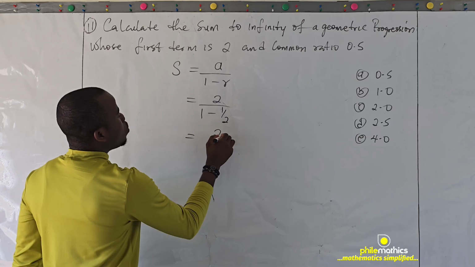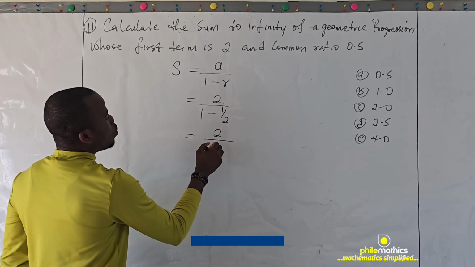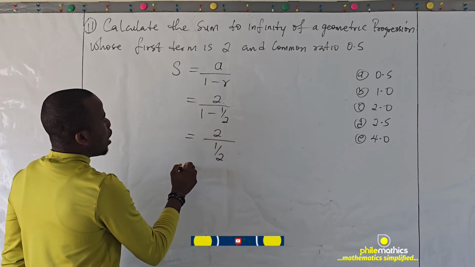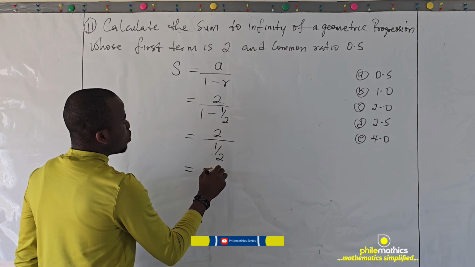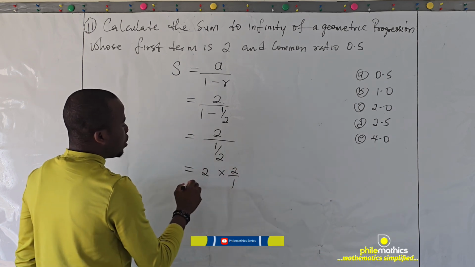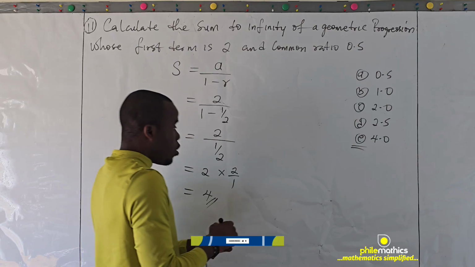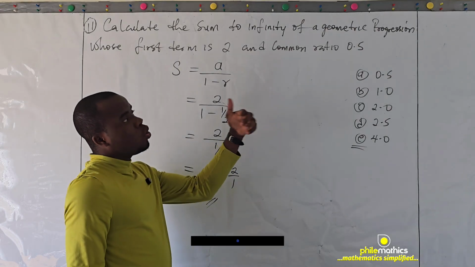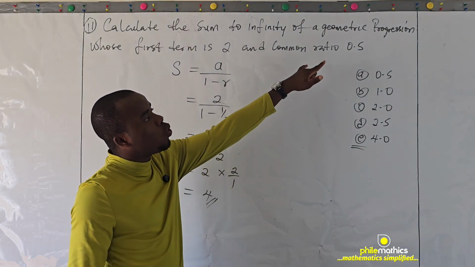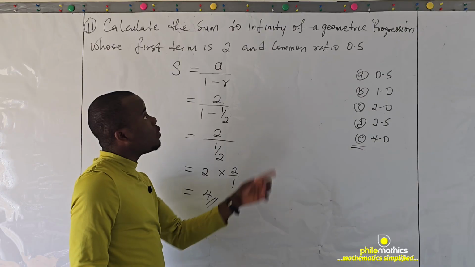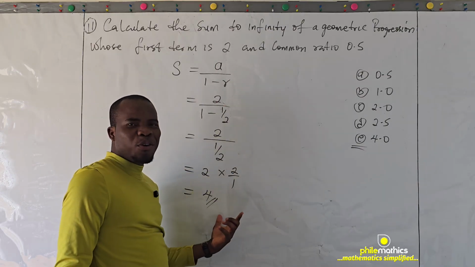This is 2 over 1 minus 1 over 2, which is simply 2 over 1 over 2. And this is 2 times 2 over 1. And this is simply 4. So the sum of that geometric progression that has common ratio 0.5 with first term 2 is 4.